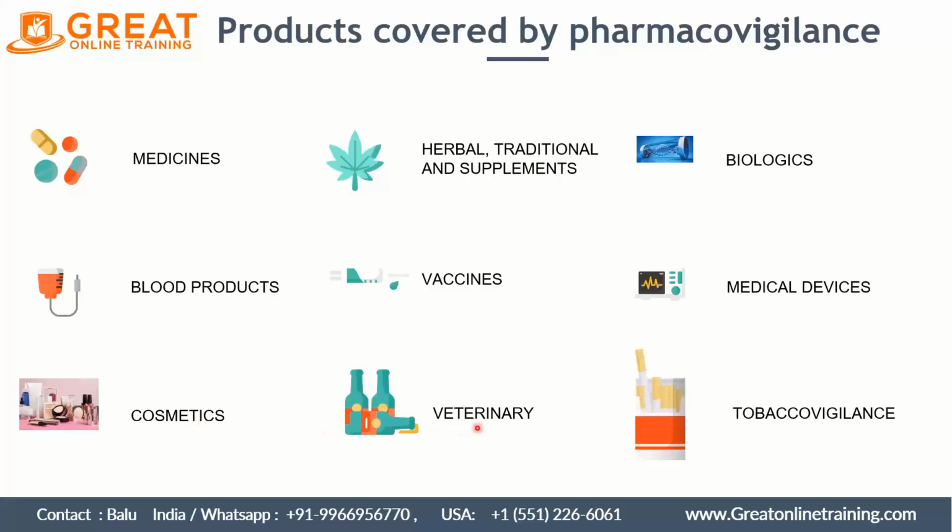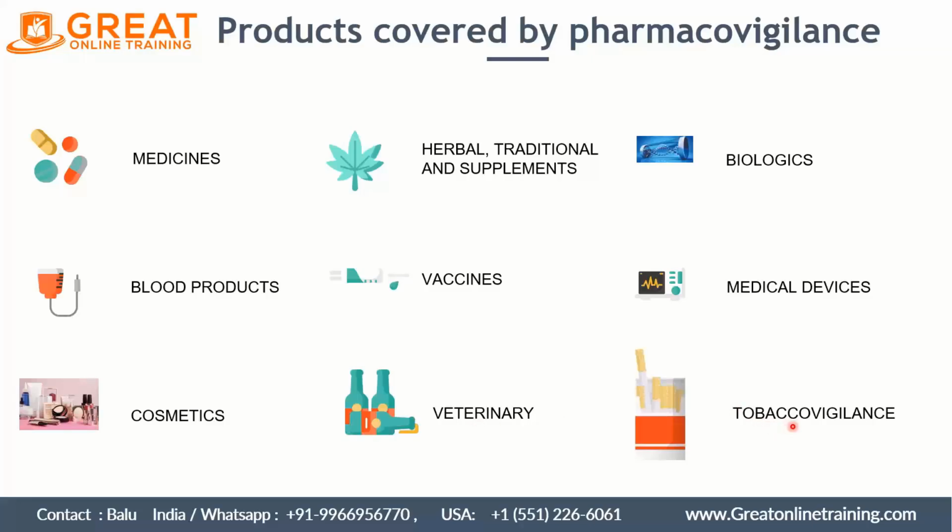And the next one is veterinary products pharmacovigilance, which we call veterinary pharmacovigilance, which concerns monitoring, evaluating, and improving the safety of veterinary medicines, with particular reference to the adverse events in animals and human beings related to the use of these medications. The European Medicines Agency has detailed guidelines on handling these veterinary products, which we will address in our pharmacovigilance training.